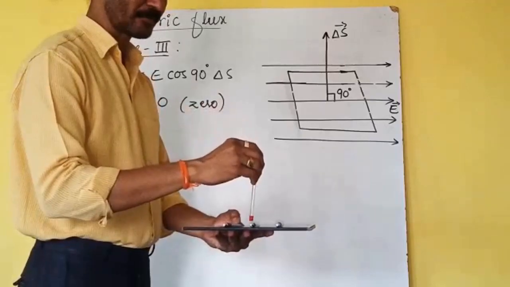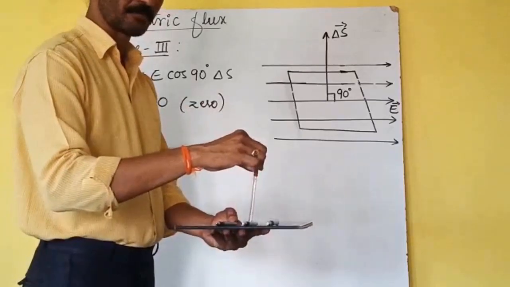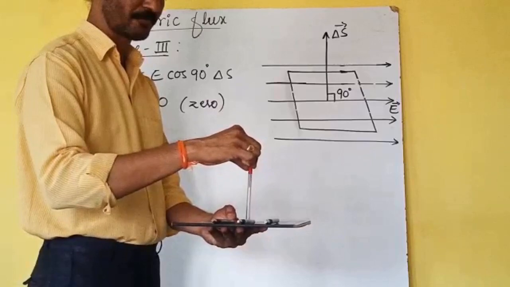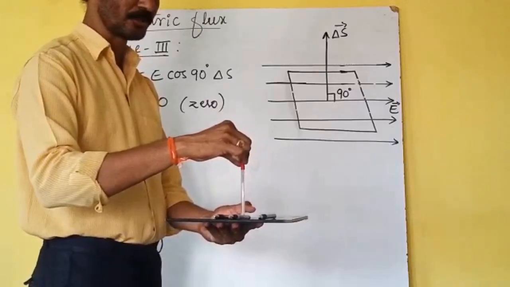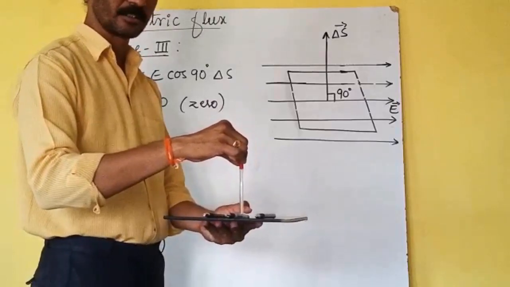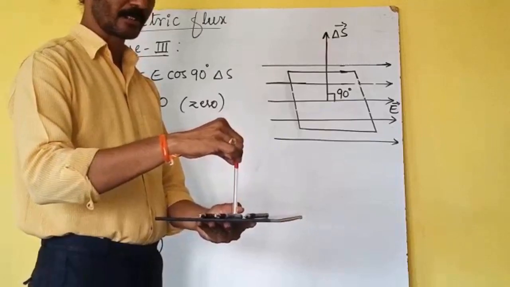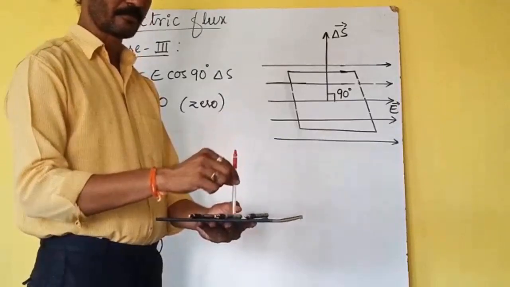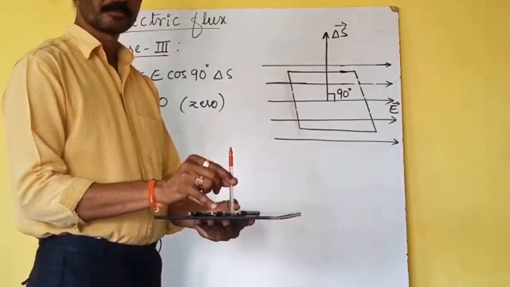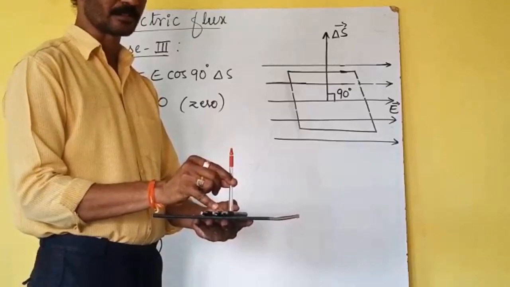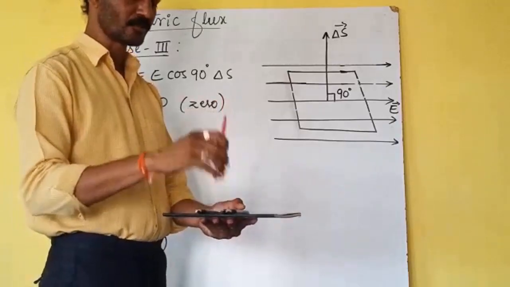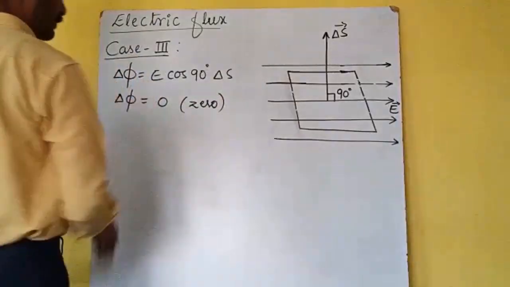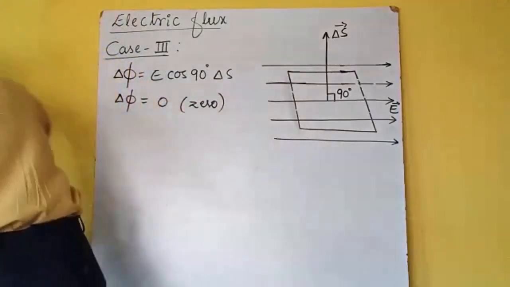If we draw the normal to this surface, this red pen represents the direction of the normal, which is the area vector. The angle between this area vector and electric field in this case is 90 degrees. So in this case the electric flux is 0.